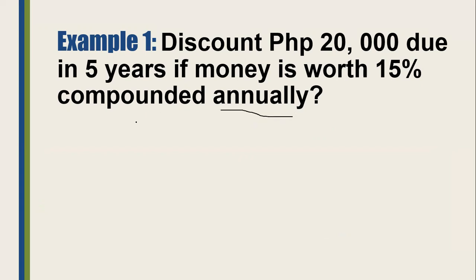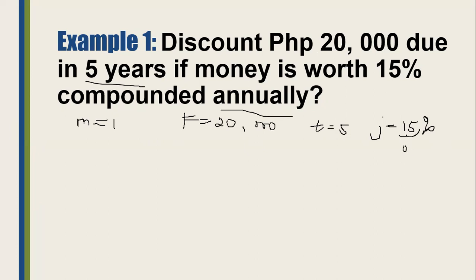So annually means our M is 1. Then our F or final value is 20,000. Our T is 5 years. Then our J is 15%, or in decimal form, divide by 100 or move the decimal point by two places, so we have 0.15.